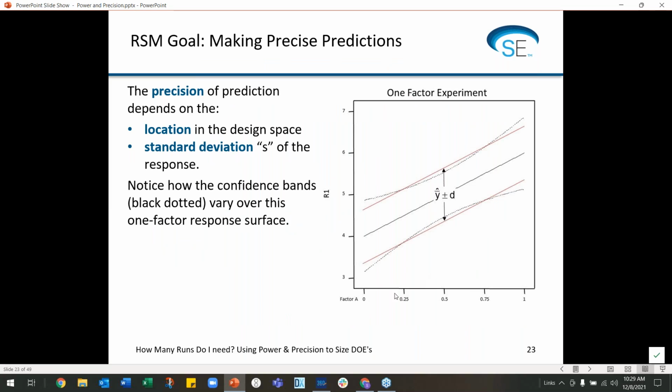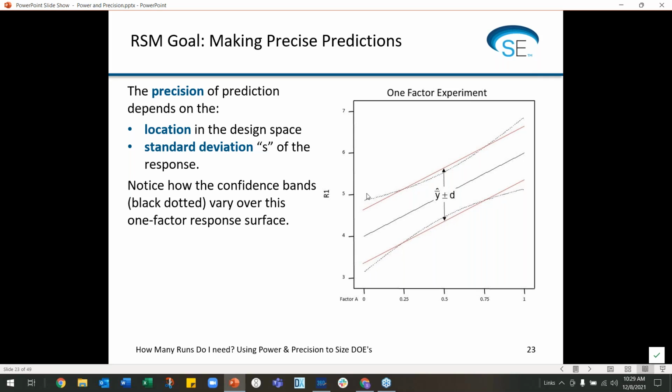Okay, if we look at just one factor, a one-factor experiment, our design space is essentially from the low level of factor A all the way to the high level of factor A. And if you see this dotted black line, that's your confidence interval.